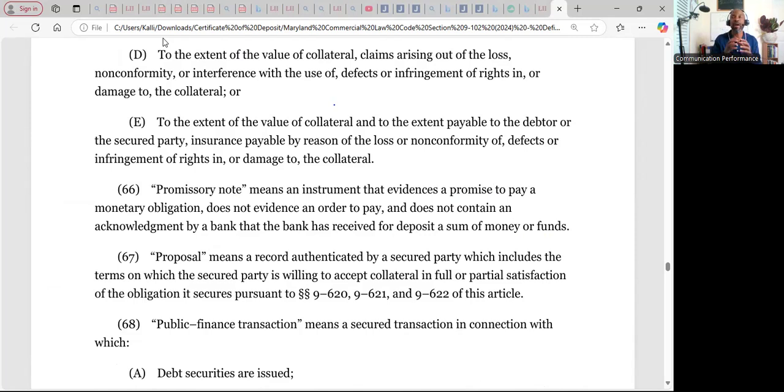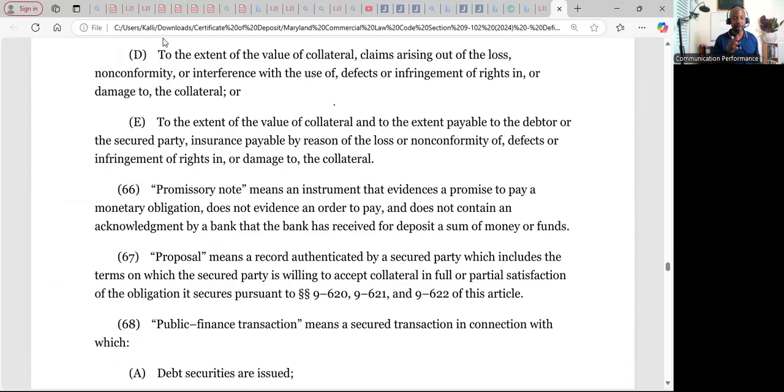And remember, it's a contract. So you have the right to negotiate and implement your terms to the contract. And once the bank accepts it, it also accepts your terms. So it is very important that you sign promissory notes with a special endorsement, right?